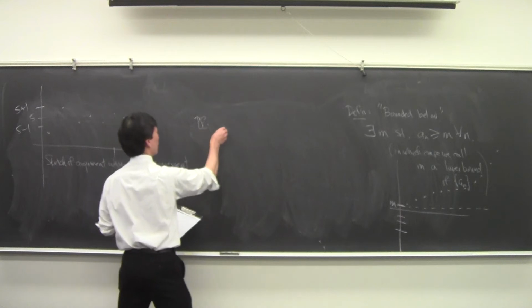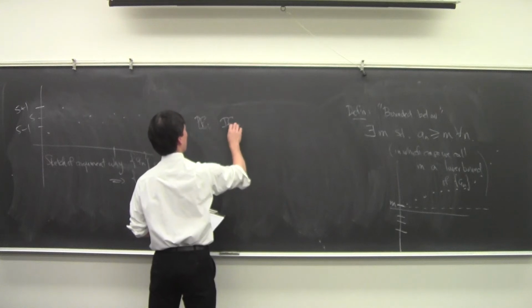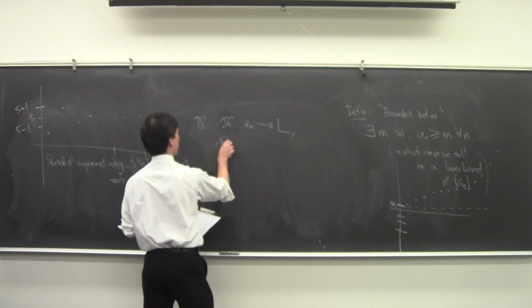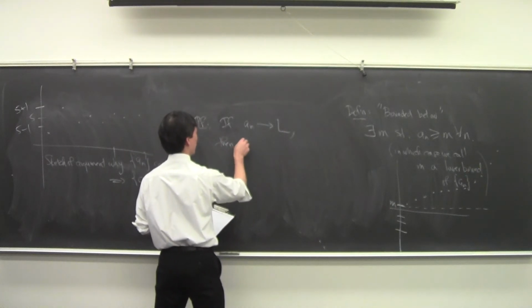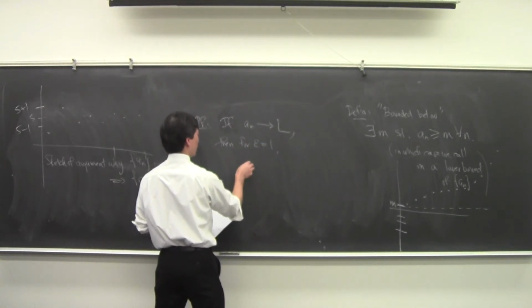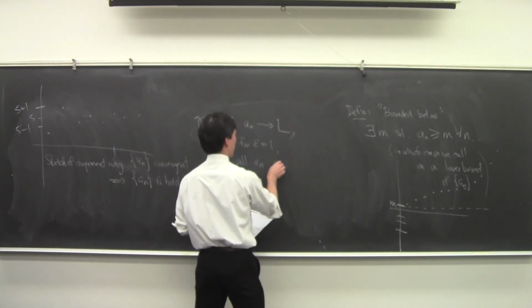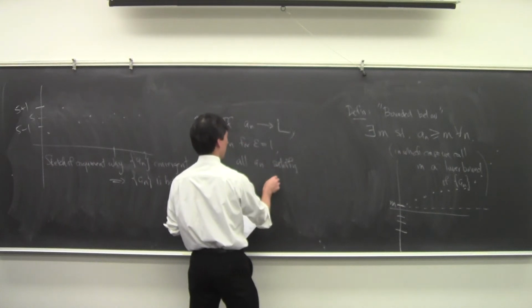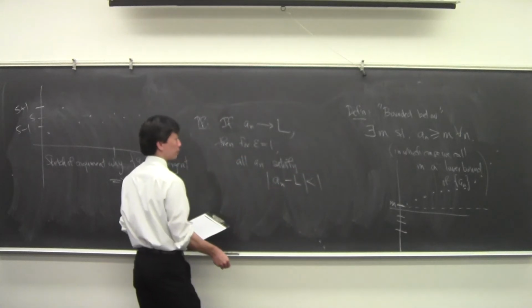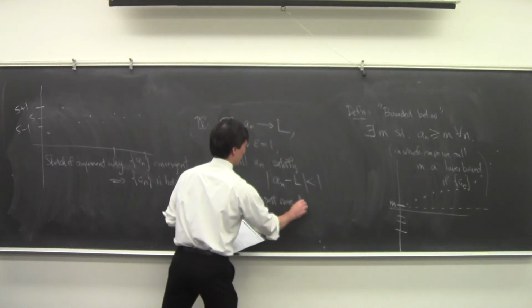So you'd say, well, look, this thing converges, so if a sub n converges to L, then all a sub n satisfy that the absolute value of a sub n minus L is less than 1 for n past some capital N.